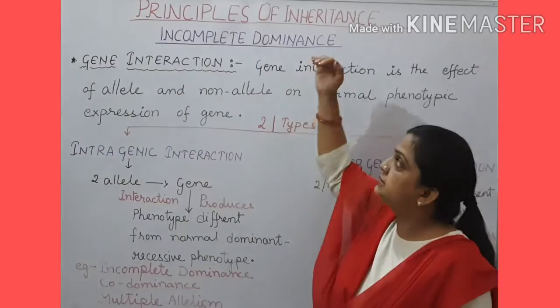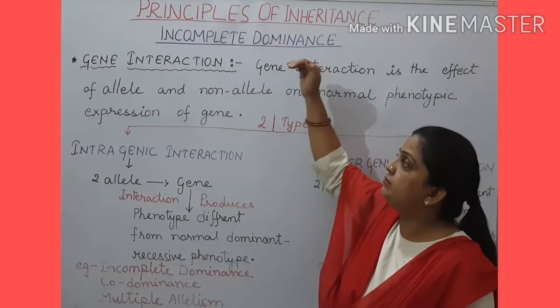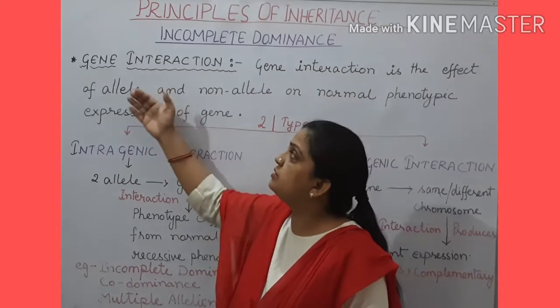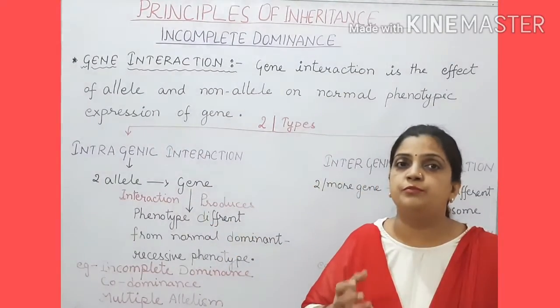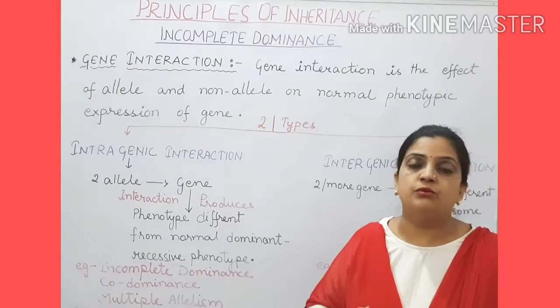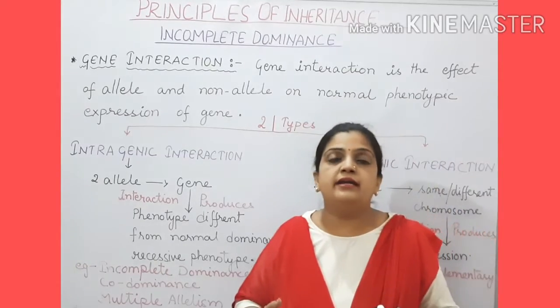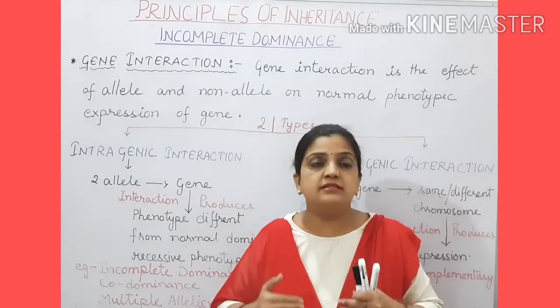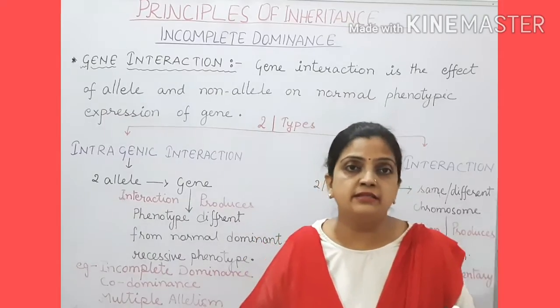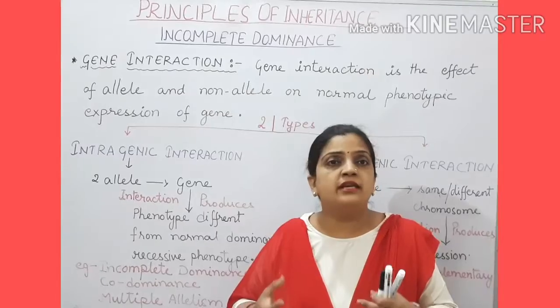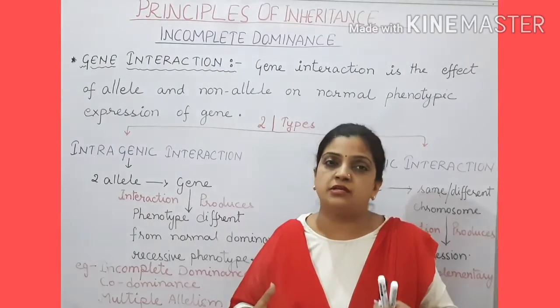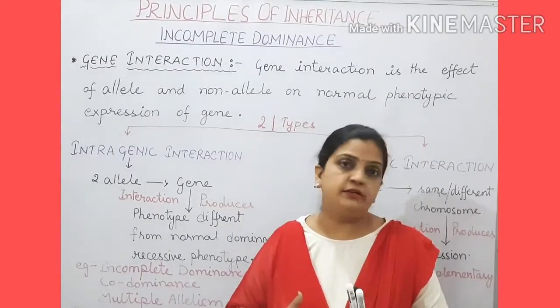But before starting this topic, incomplete dominance, I would like to explain what gene interaction is. Gene interaction is one of the most important points which everyone should know: how and why the genes present in the body of any living organism are interacting. Genes get communicated to each other.